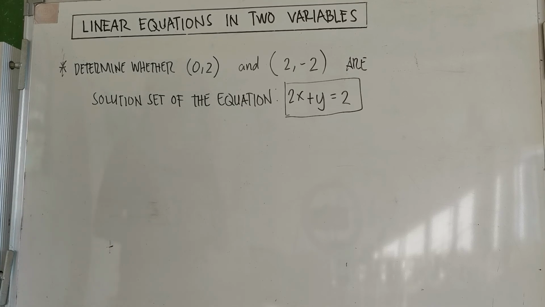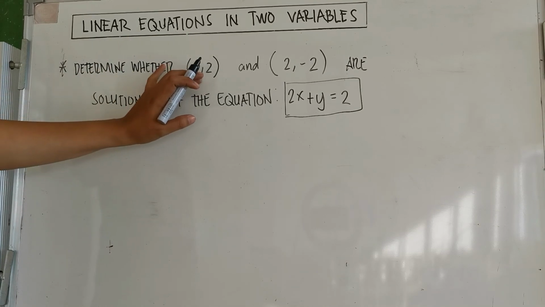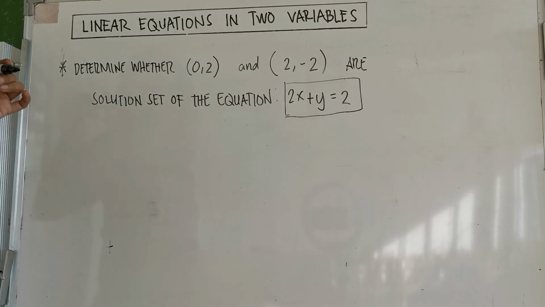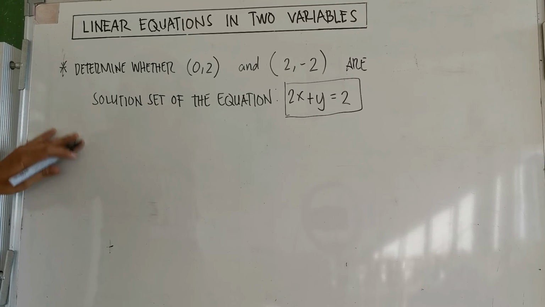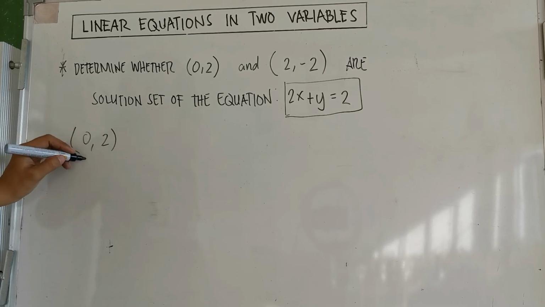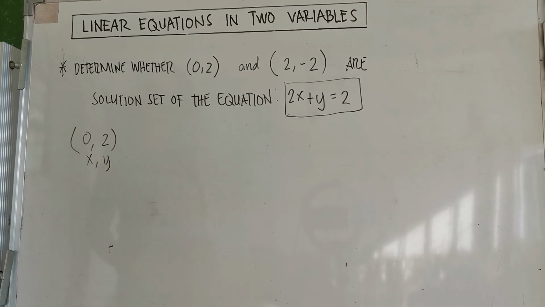So first step, since meron tayong first given ordered pair na (0, 2), let us evaluate. Take note that in (0, 2), 0 is our x and 2 is our y. So, yan ay pinag-aralan natin sa introduction ng Cartesian coordinate system.